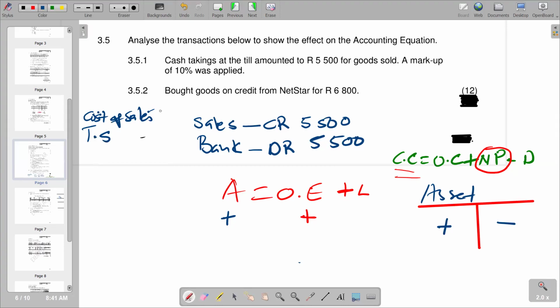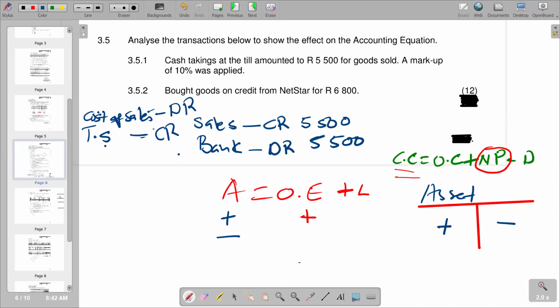Which one do we debit, which one do we credit? Cost of sales, as an expense, is debited, and then we credit trading stock. Trading stock is an asset on the accounting equation, and it's being credited, so it's a minus. So we're having a minus on assets.